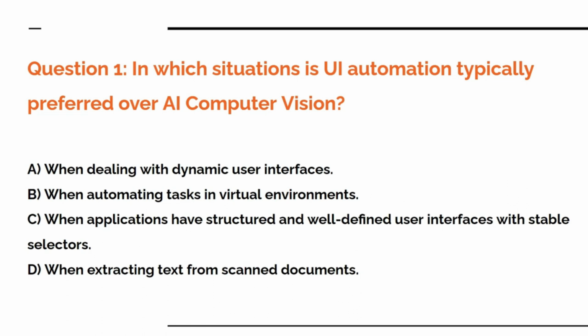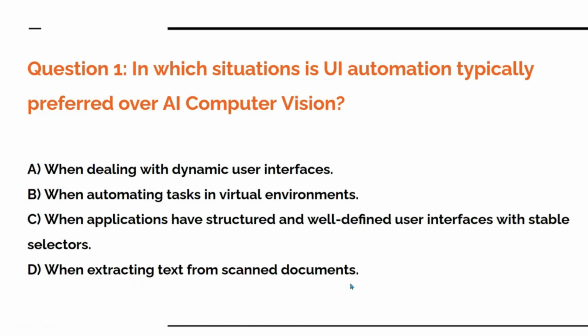And here are the options. A. When dealing with dynamic user interfaces. B. When automating tasks in virtual environments. C. When applications have structured and well-defined user interfaces with stable selectors. Or the fourth one, D. When extracting text from scanned documents.